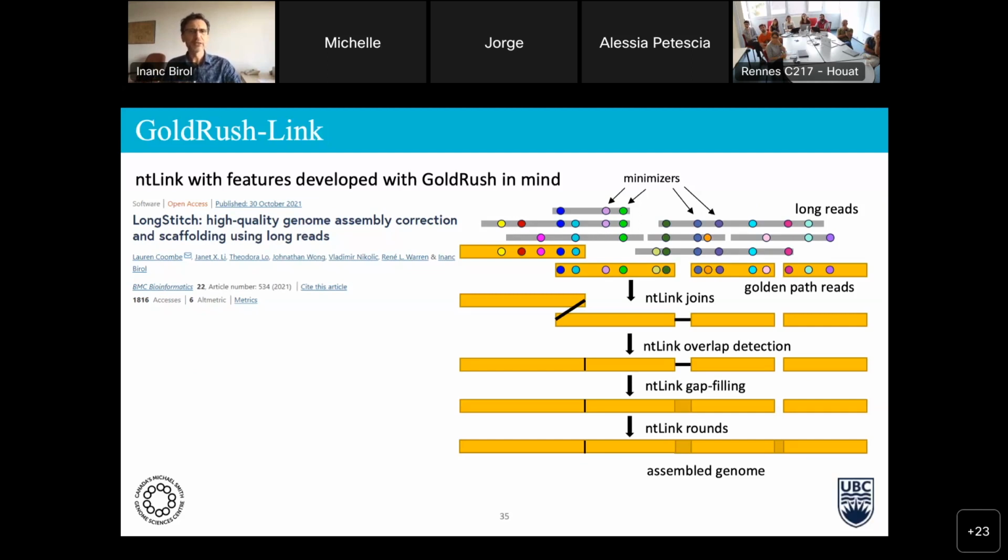And then using that mapping information, we can join links, detect overlaps, and we can use again Sealer to fill the gaps, and we can run this in an iterative way to build longer contigs using the information that we gather throughout the process.